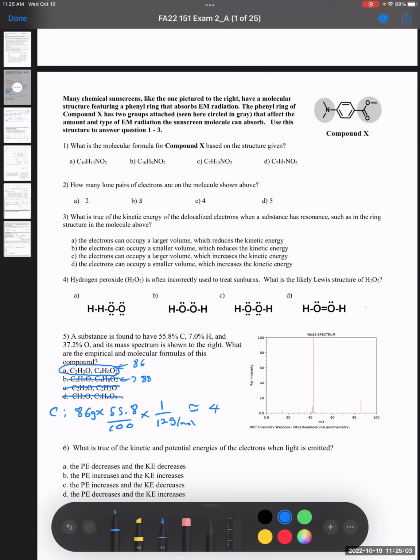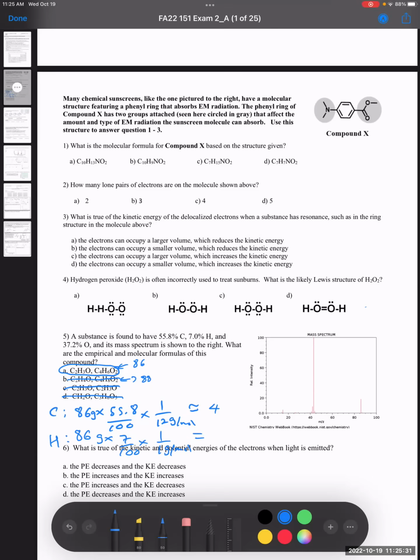And then when it comes to hydrogen, the 1 mole of this compound is 86 grams, and out of that, 7% is the mass of hydrogen. Divide that by the molar mass of hydrogen, which is 1 gram per mole. You're going to get the moles of hydrogen in 1 mole of this compound.